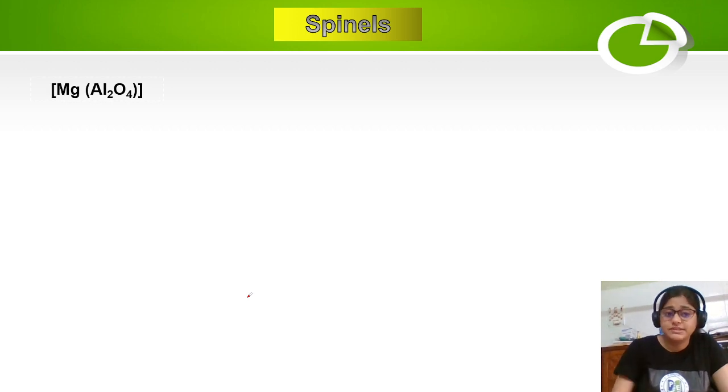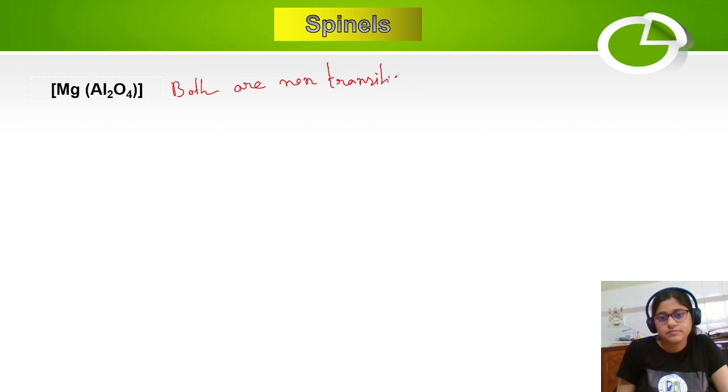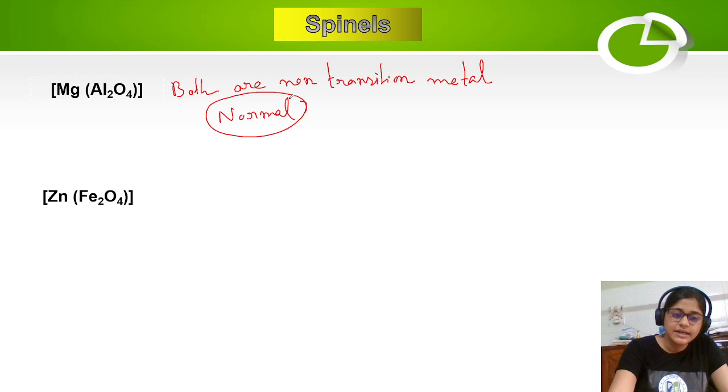Now some examples. Okay, so here MgAl2O4. Both are non-transition metals. Right? So what will happen here? The normal spinel. Okay. The second case, ZnFe2O4.